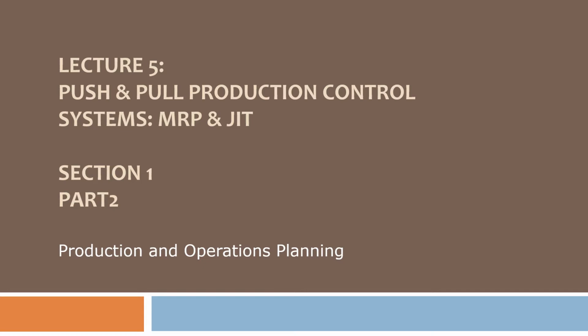For the push systems, we start from forecasting the demand for a feature, and then by having the forecasted demand, we obtain a master production schedule for the end item, for the product, and then we go down in order to obtain the production schedule of sub-assemblies and the components to produce that product, which is called MRP process.